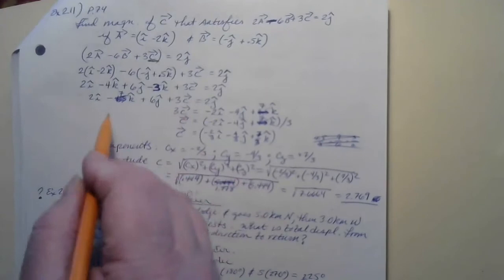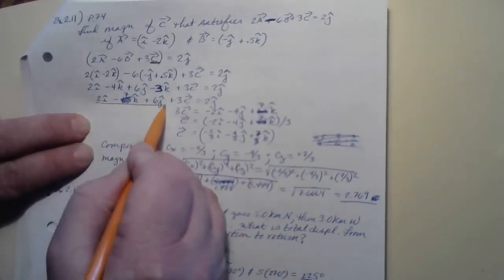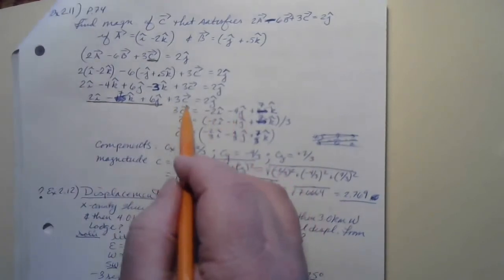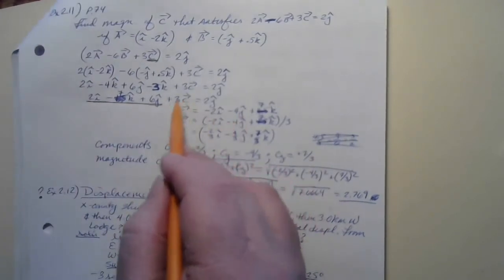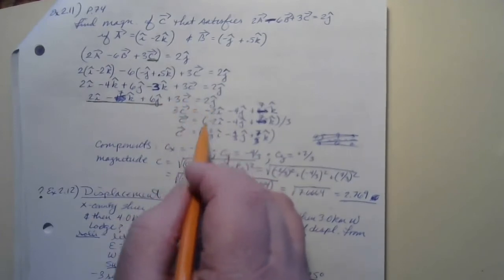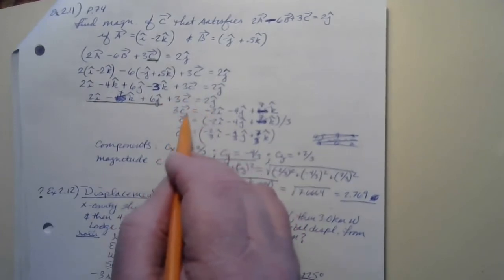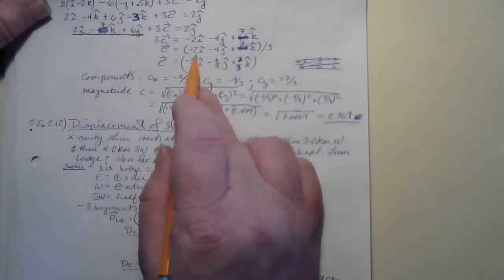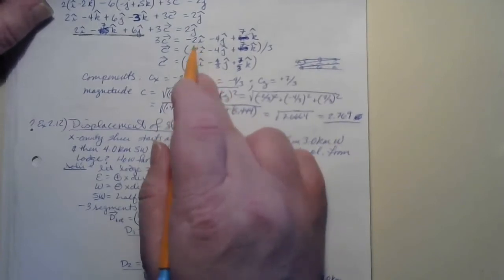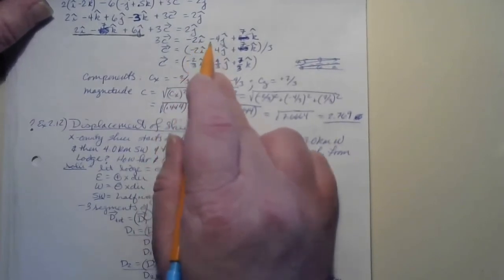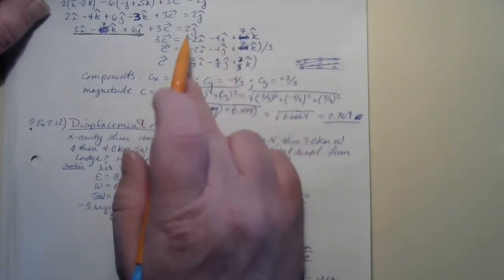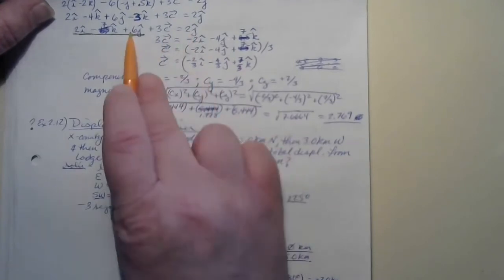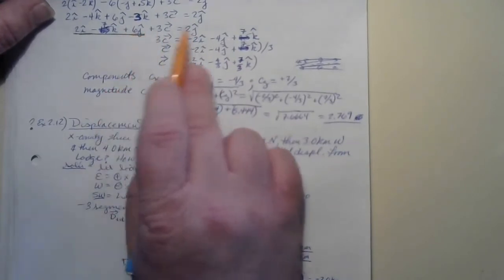Take everything I'm underlining, that is all the stuff in terms of I and J and K, over to the other side so that you can get the 3 times vector C alone, because C is what you're trying to solve for. You get 3 times vector C equals negative 2 times unit vector I minus 4 times unit vector J, because when you take this plus 6 over to the other side, it becomes a negative.